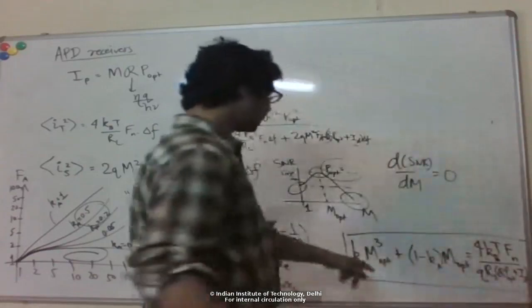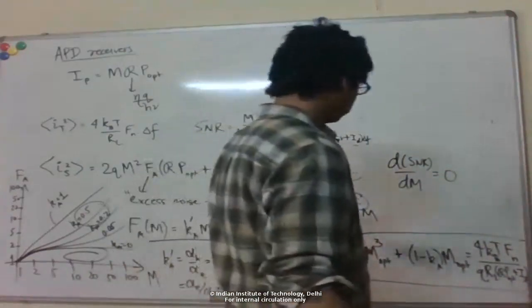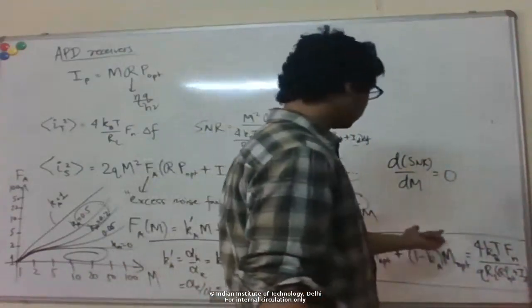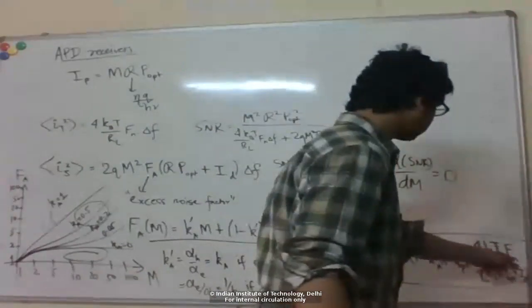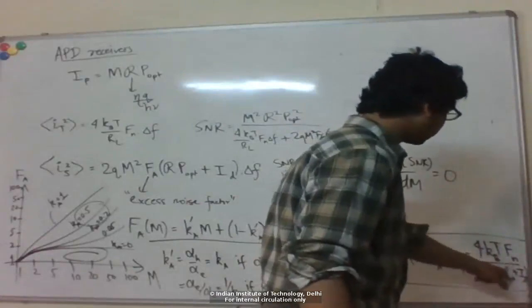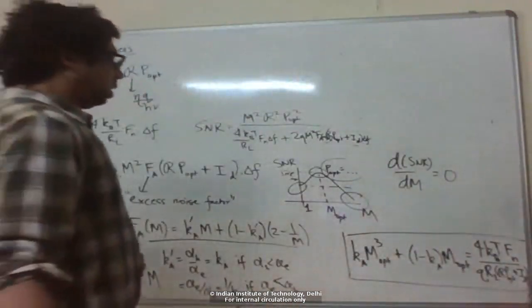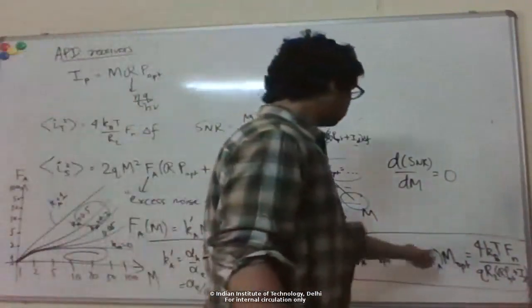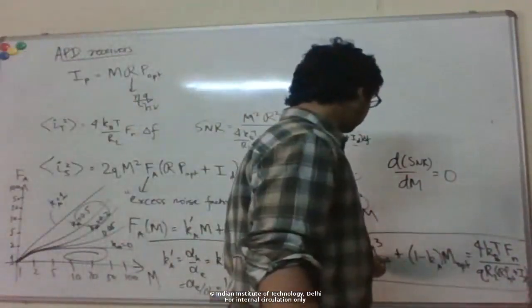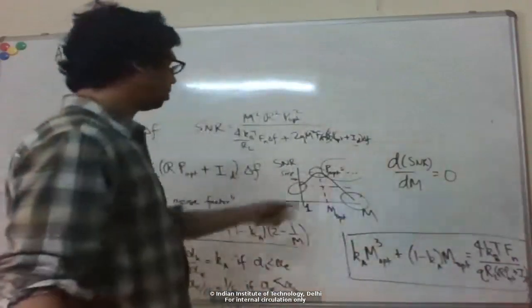Okay, so you get a cubic equation in M, where all others are constants, right? K, we know temperature, noise factor, the amplifier circuit, load resistance, optical power, responsivity. So the solution of this will give me what optimum value of M that I need in my APD to maximize this.